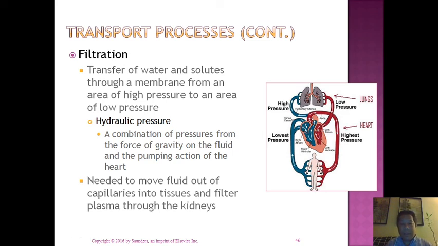So a lesser amount of blood coming out of the aorta every contraction will mean a lesser amount of blood going to the kidneys, and less capability of the kidneys to filter the blood. So again, from a high pressure area to a low pressure area, that's how filtration works.